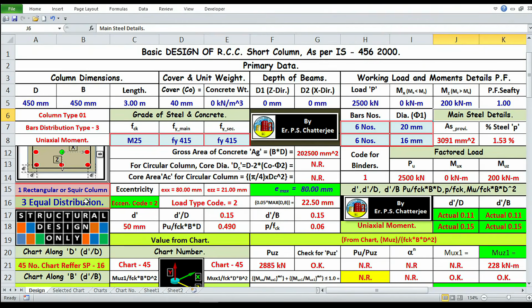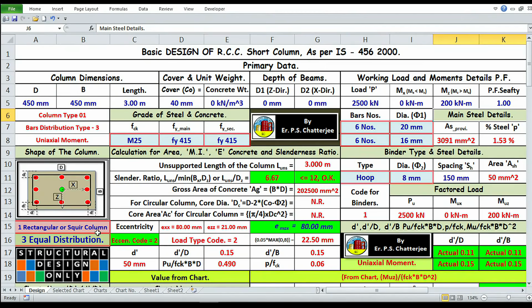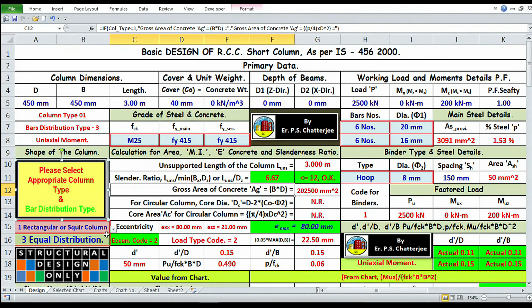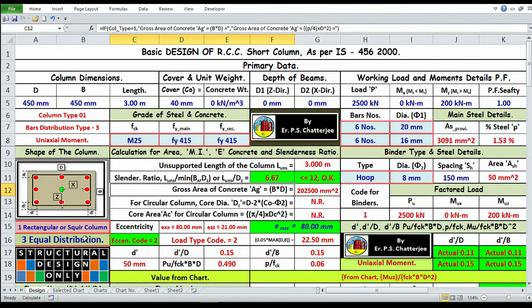Now you have to change here. First we have to decide which kind of column we are going to design. It may be circular or it may be rectangular, square column.